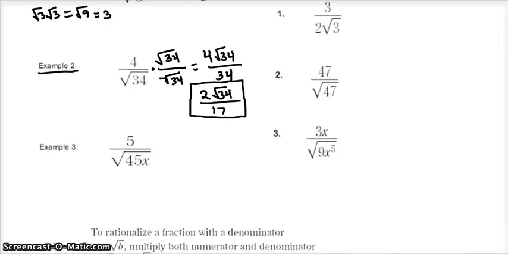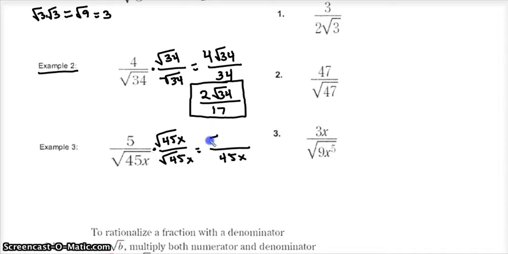Alright, how about example number 3? In the denominator, I've got the square root of 45x. Nothing changes. I multiply the top and the bottom by the square root of 45x. On the bottom, I'm left with 45x.